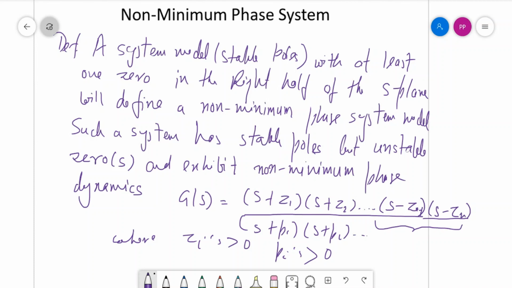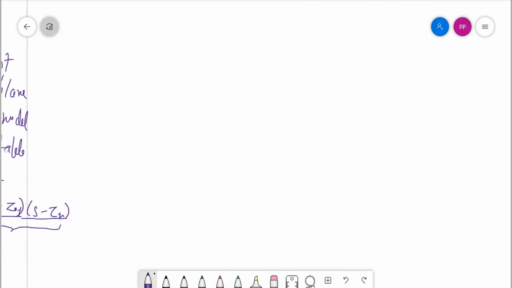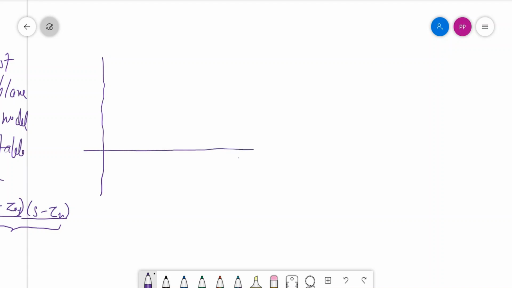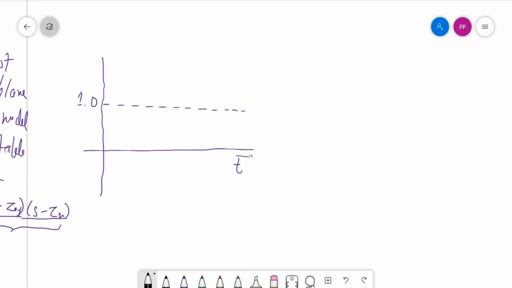So how should the response come? Let us see the response of it. You have the response axis, then the time axis, and then the step input, for a normalized input-output system. So let me give the input first.